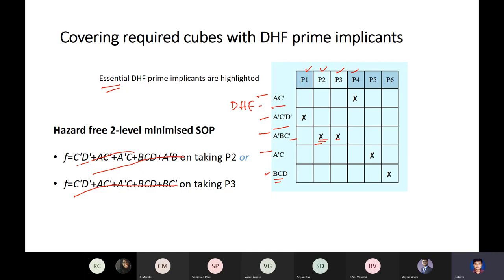Now, if the hazards were not there, maybe we could have had a smaller circuit. But to avoid hazards, some redundancy is required and additional gates will be needed. So it's kind of suboptimal. It trades off optimality in terms of number of gates with hazard freeness. So this is the process.